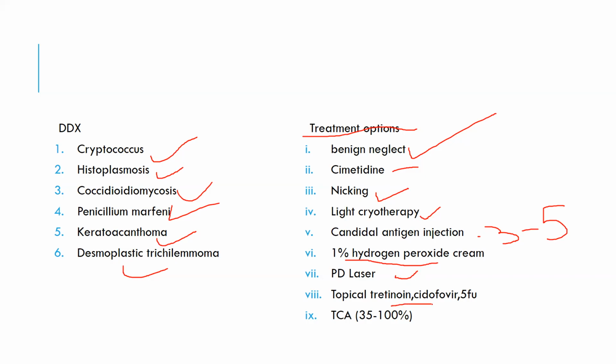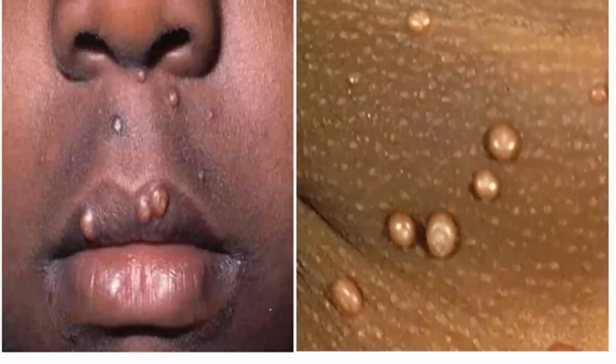Then we can do topical tretinoin, cidofovir, and 5-fluorouracil. However, the effectiveness of this is not a lot. The intention is just to irritate the skin, the immune system wakes up and then fights the viral infection. You can also use 30 to 100% trichloroacetic acid.